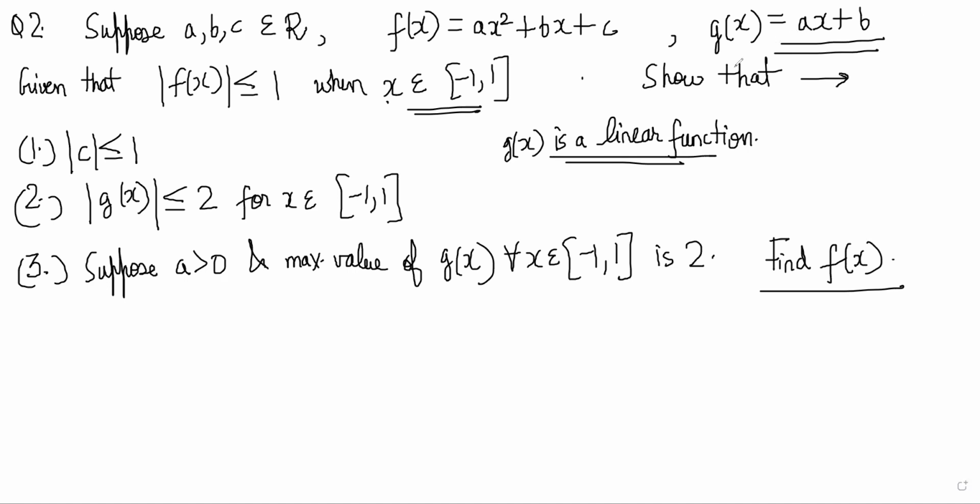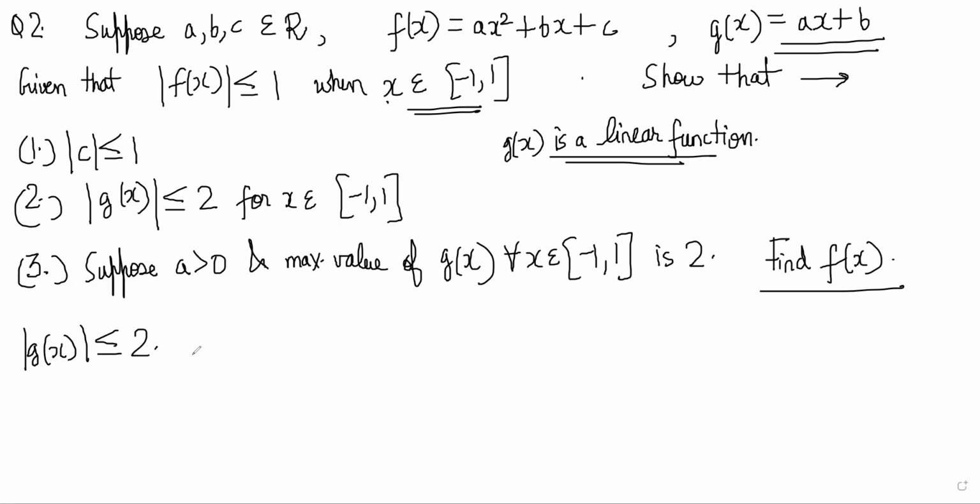So it will be an increasing straight line if the slope is positive, and a decreasing straight line if the slope is negative, right? So depending on the sign of this a coefficient, g x will be a linear function either increasing or decreasing, right?